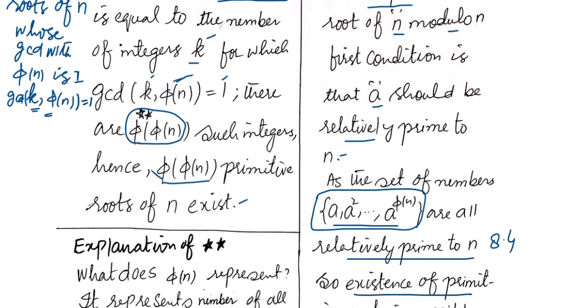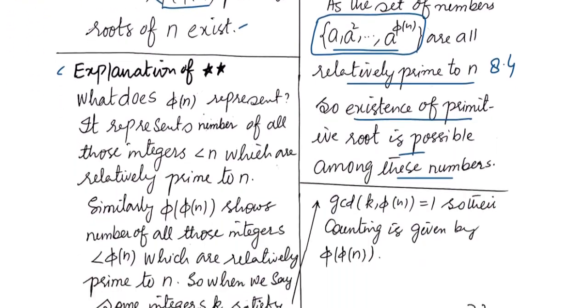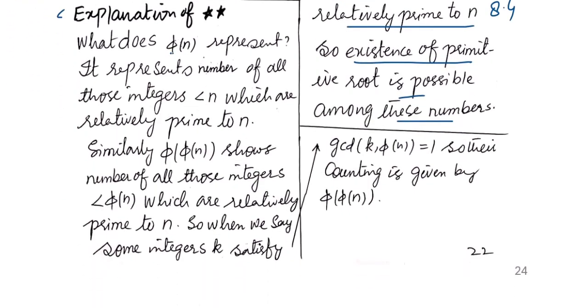Next, below here I am explaining the step double star: why we explicitly count the number of such integers by using this formula. Actually, what does phi of n represent?